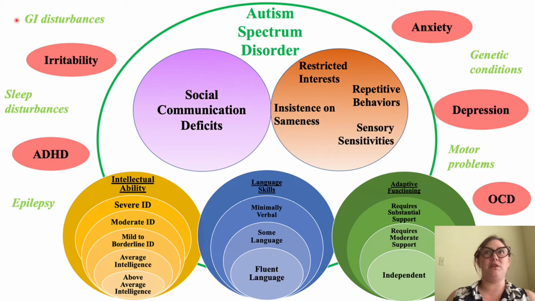So many people with autism also have a diagnosis of celiac disease, or they have celiac sensitivities. Also, even if a person doesn't have celiac disease or gluten intolerance, they still may have GI disturbances.